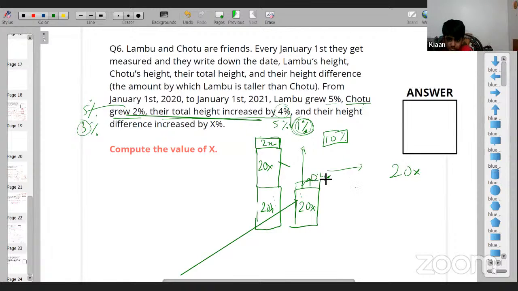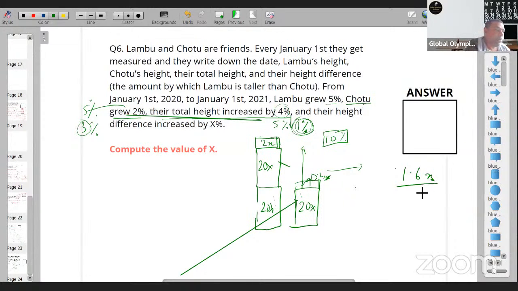Therefore, the total growth, now the difference, the gap will be 20x initially. Now the additional gap, ये 0.4 गया, ये 2 गया. So the new gap will become much more. The increase in the difference will be 1.6x, correct?